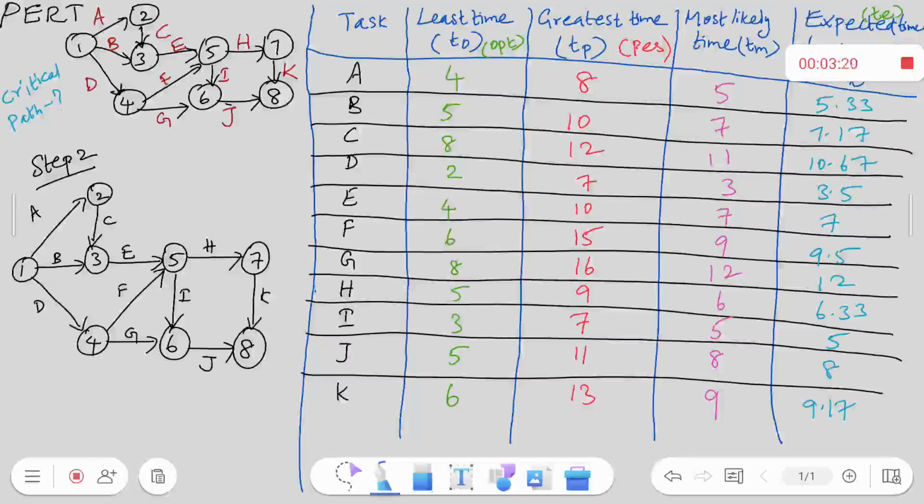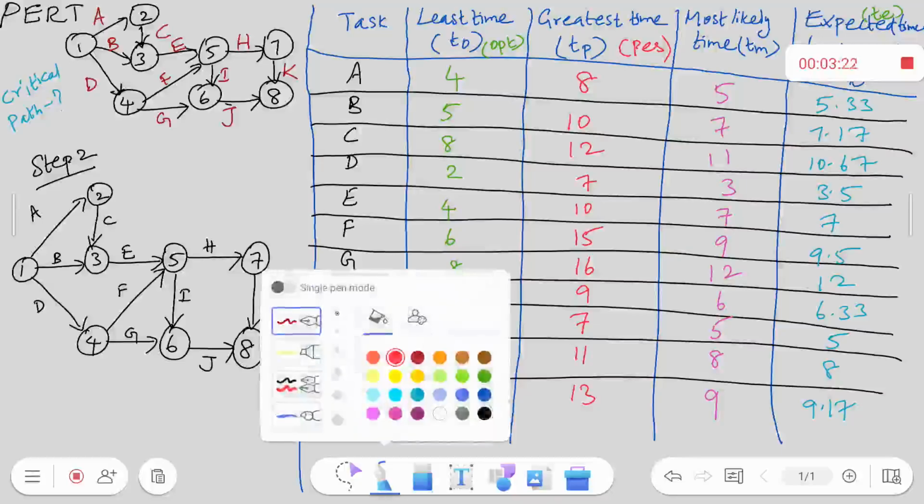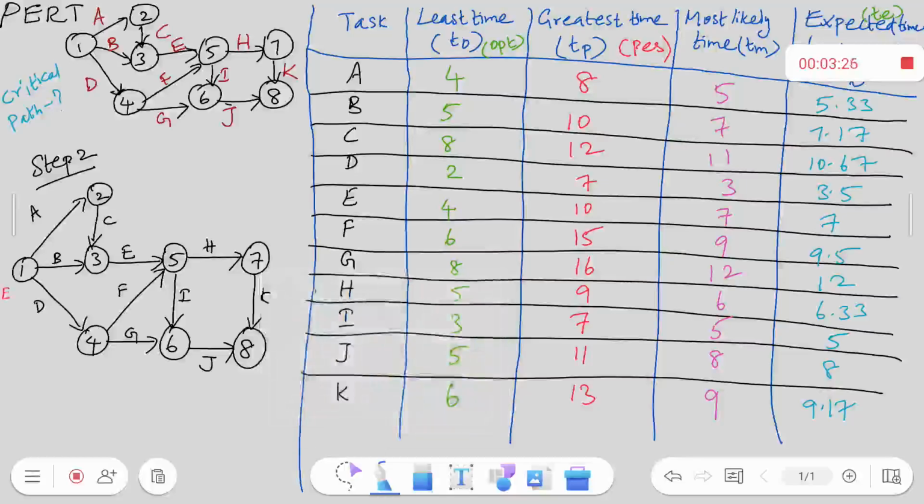Now the idea is to find out the earliest start time and latest finish time. So I write earliest start time as E and latest finish time as L. I put a suffix 1 and suffix 1 here to denote it is for the first node. Similarly, for 2 it is E2, L2. For 3 it is E3, L3.